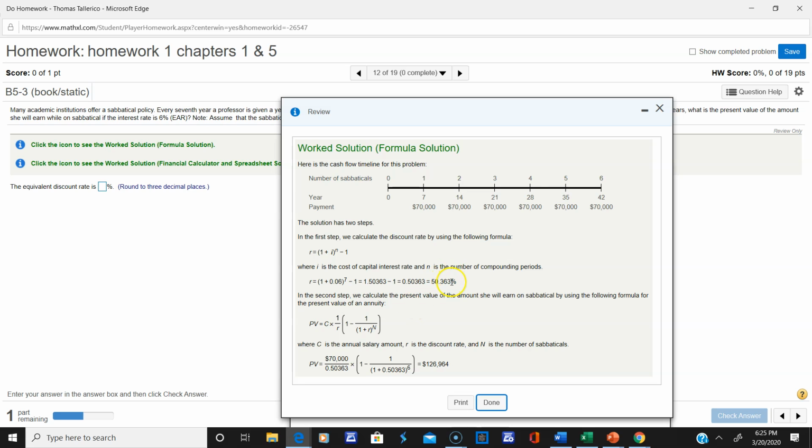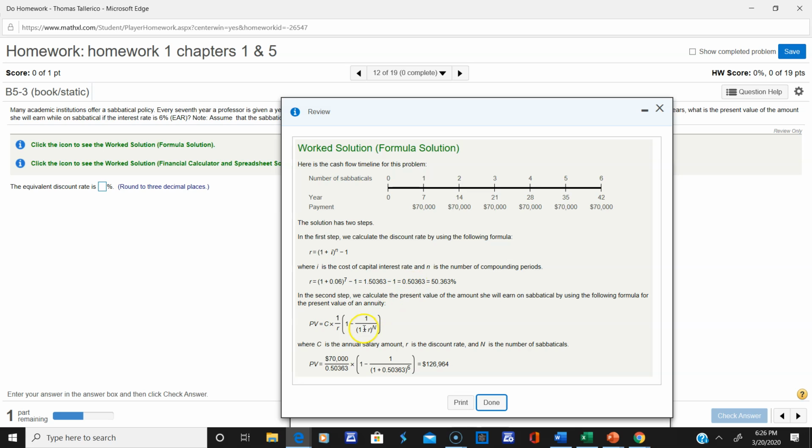All right, so that being said, we have that interest rate. Now we have that for each one of these 7-year periods, so we're basically done. Now we just take the present value of an annuity, because we're going to get 6 payments over each sabbatical.